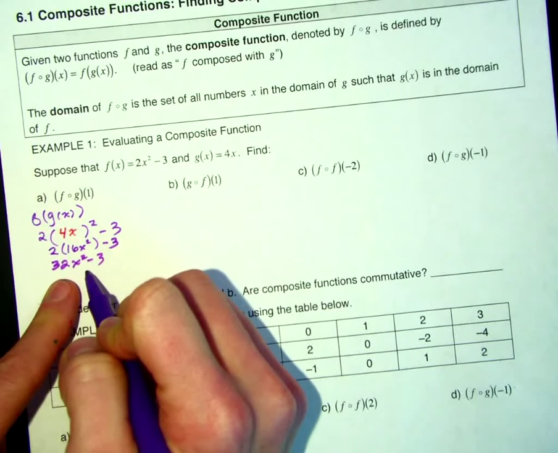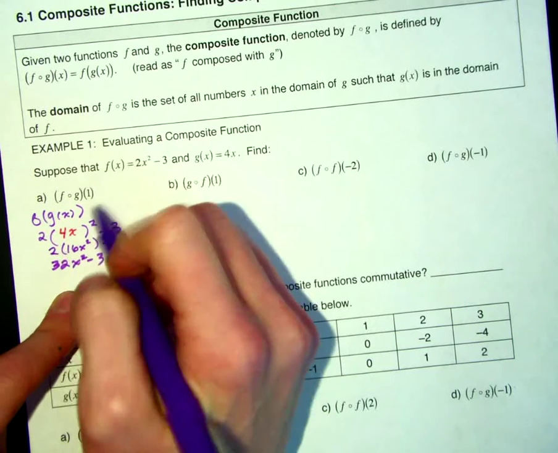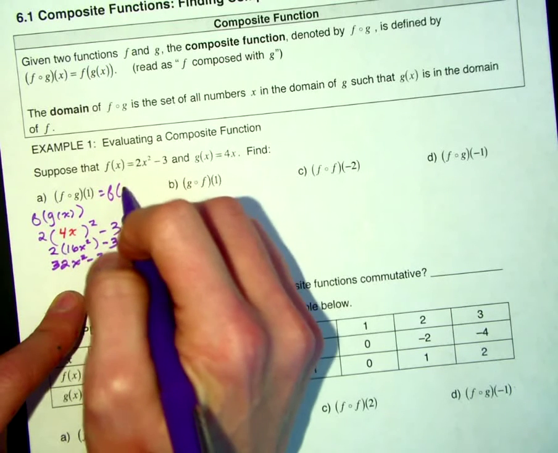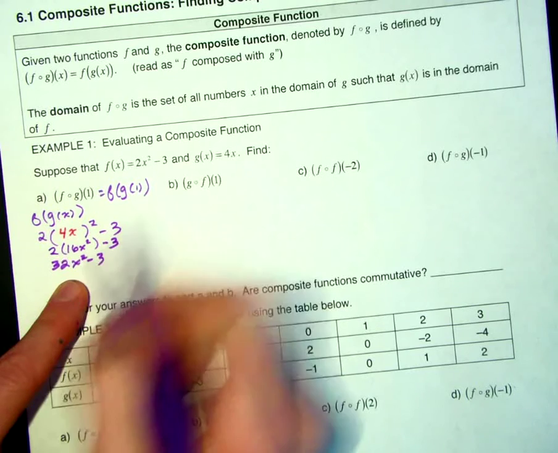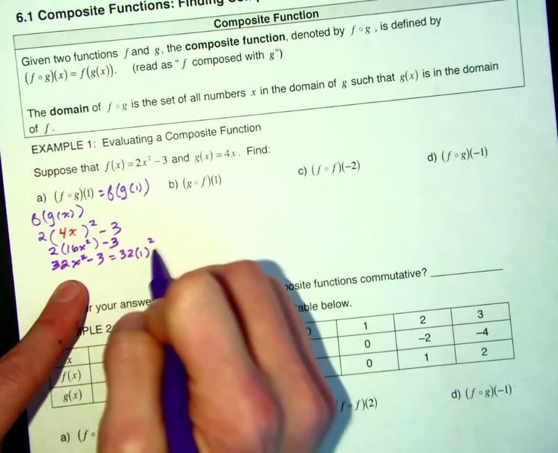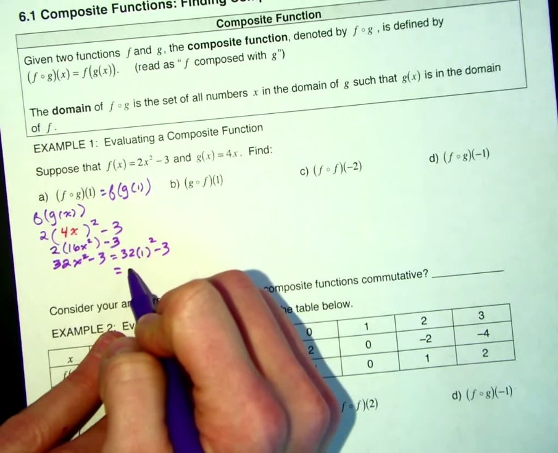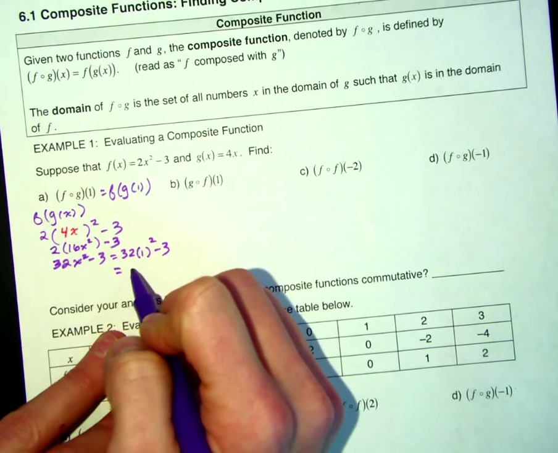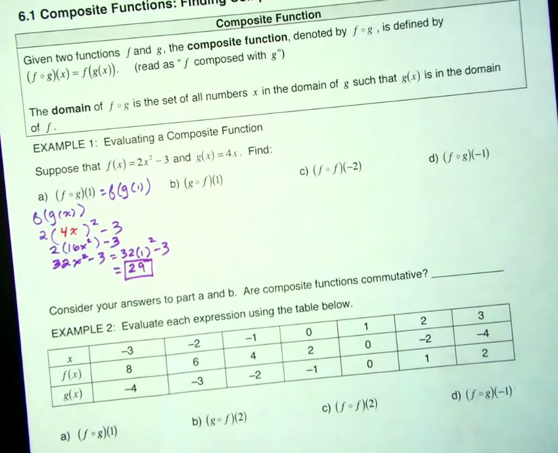This is f of g of x, but they want us to evaluate f of g of 1. So we're going to replace this x with 1. So then we have 32 times 1 squared minus 3, and our final answer here is 29.